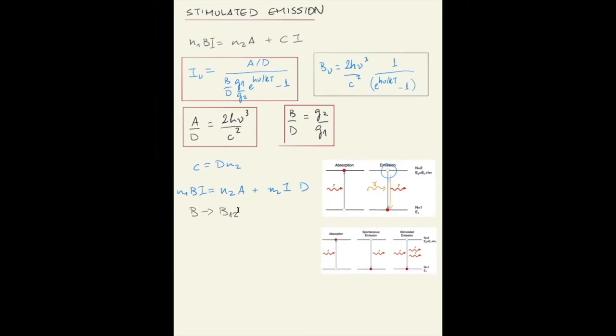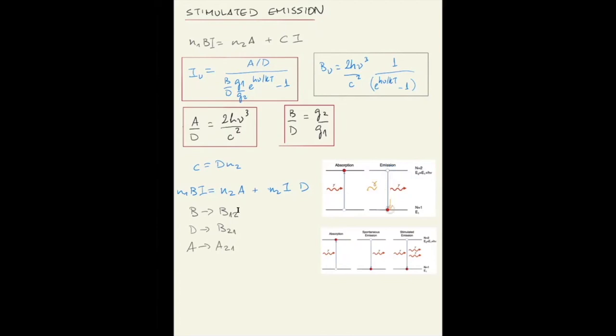And D, let's call it B21, because it means that the electron was at the level 2 and transitioned to the level 1. And just to keep consistency with the A, even though there is only one spontaneous emission, let's also call it A21, since it was also at the level 2 and then went to level 1.